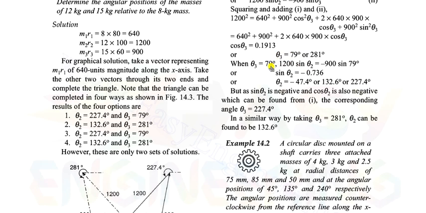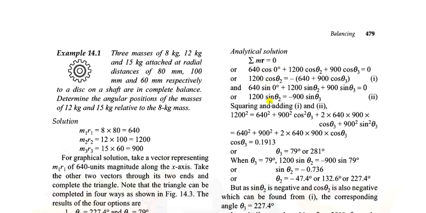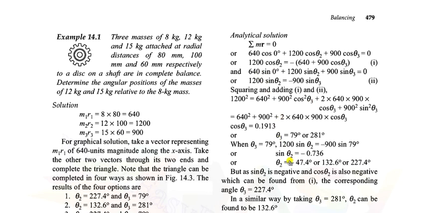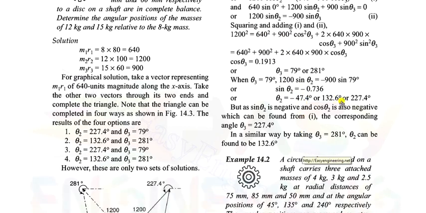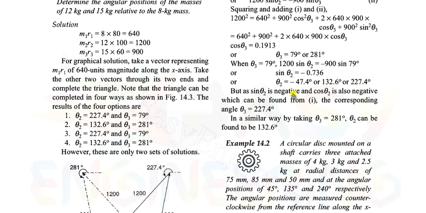If you put this 79 degrees in this second equation, you will get theta 2 also. Okay, so theta 2 is, you are getting minus 47, 132 and 227.4, but you have to match here. Okay, which is matching. So like that you can solve by the analytical method also.